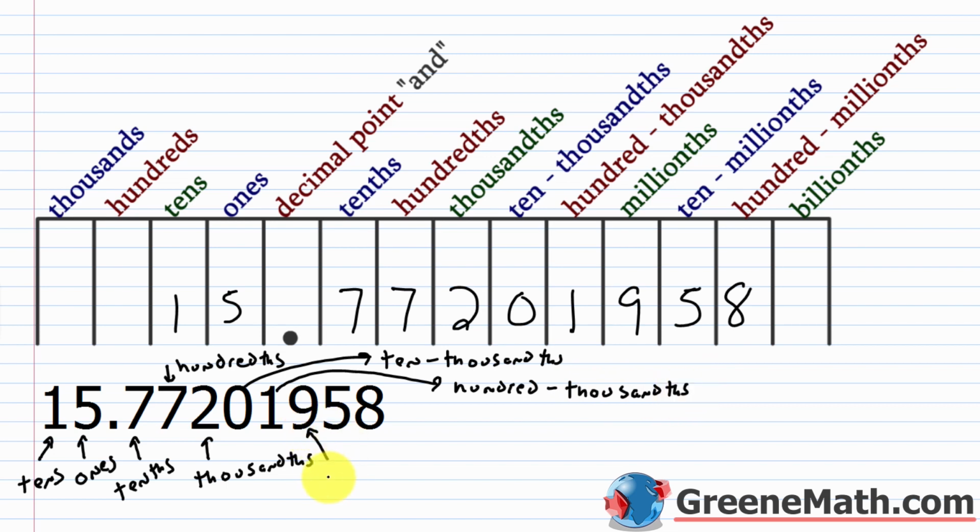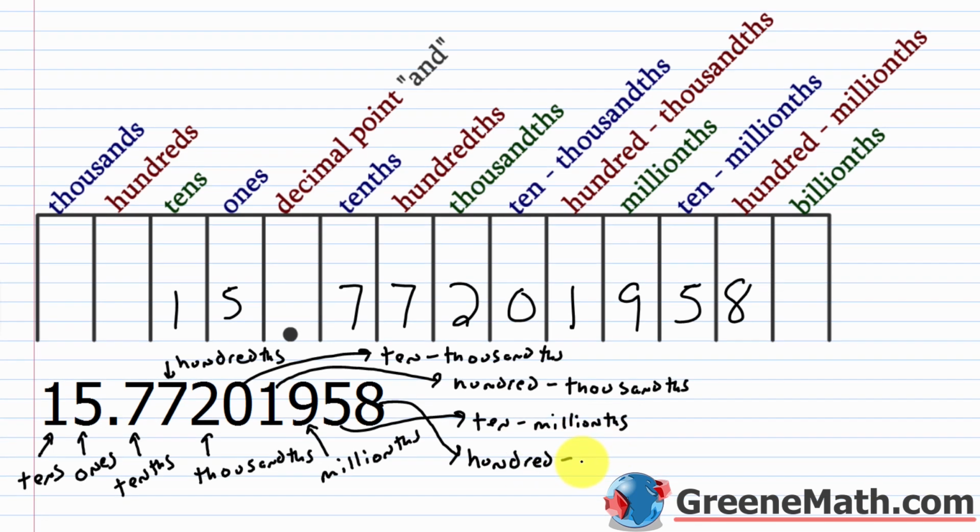Then I have this 9 that's going to be the millionths. Then I have the 5. The 5 is going to be in the 10-millionths. And then finally I have this 8, and that 8 is going to be in the 100-millionths.